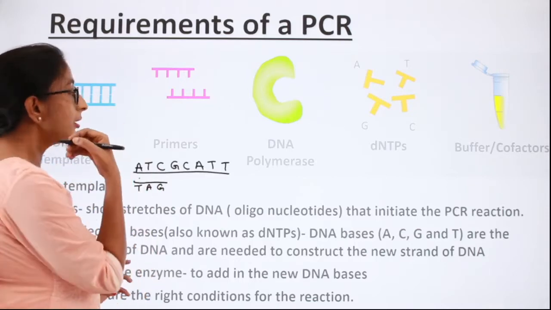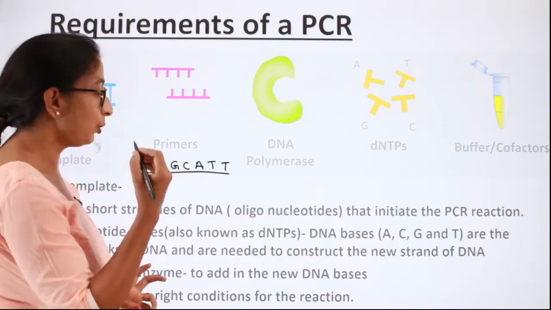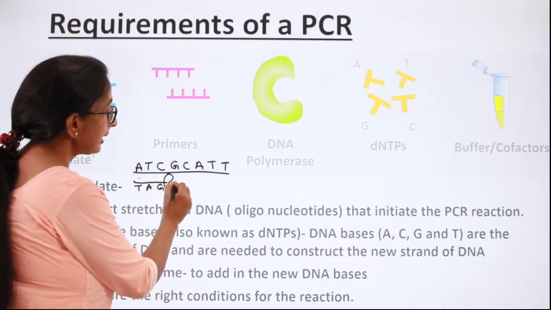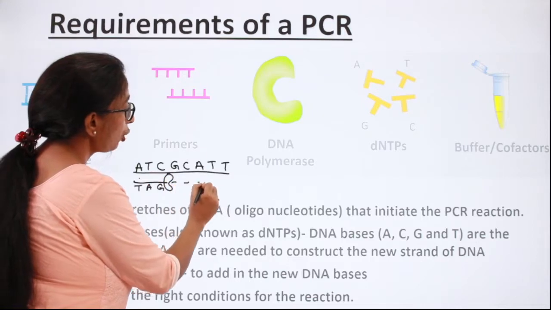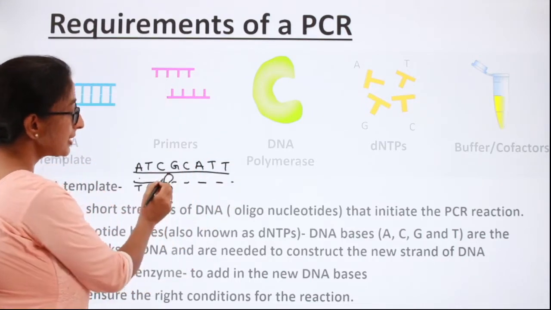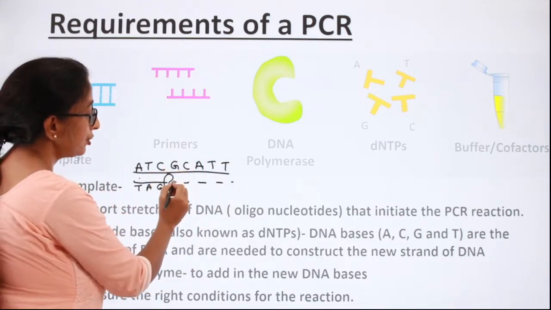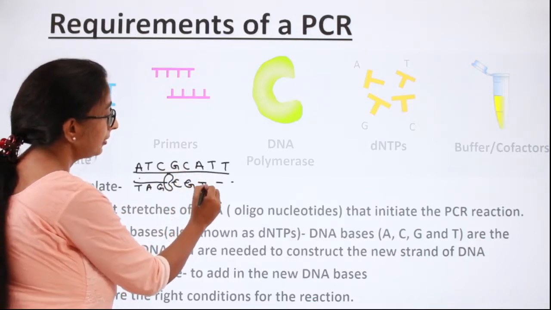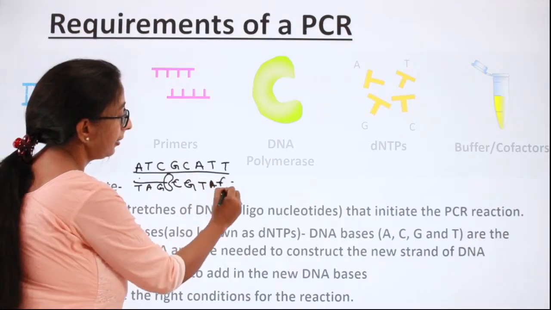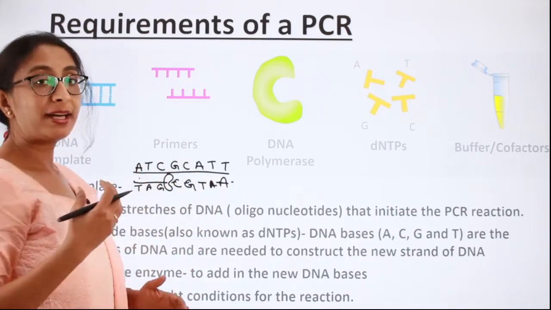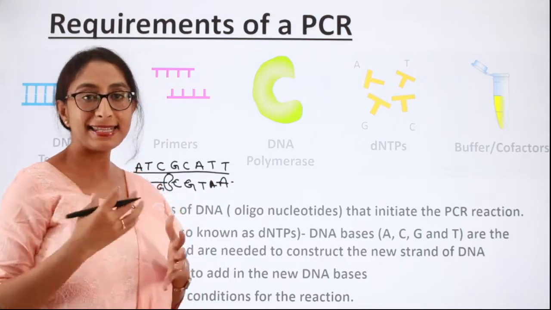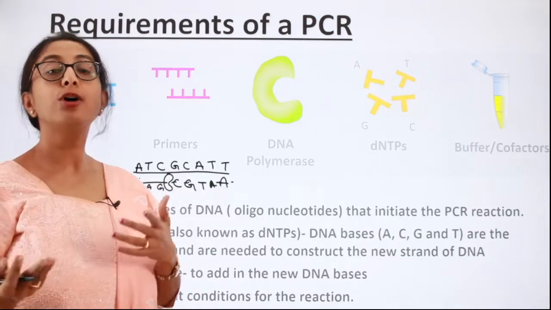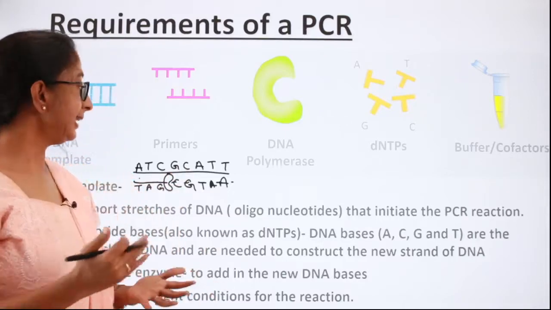So now the DNA polymerase enzyme will come and attach itself over here and start adding the nucleotides complementary to the template strand. In the place of G, it will add C. In the place of C, it will add G, T, A, A. So DNA polymerase is an enzyme which is capable of synthesizing a new DNA strand complementary to the existing template strand.